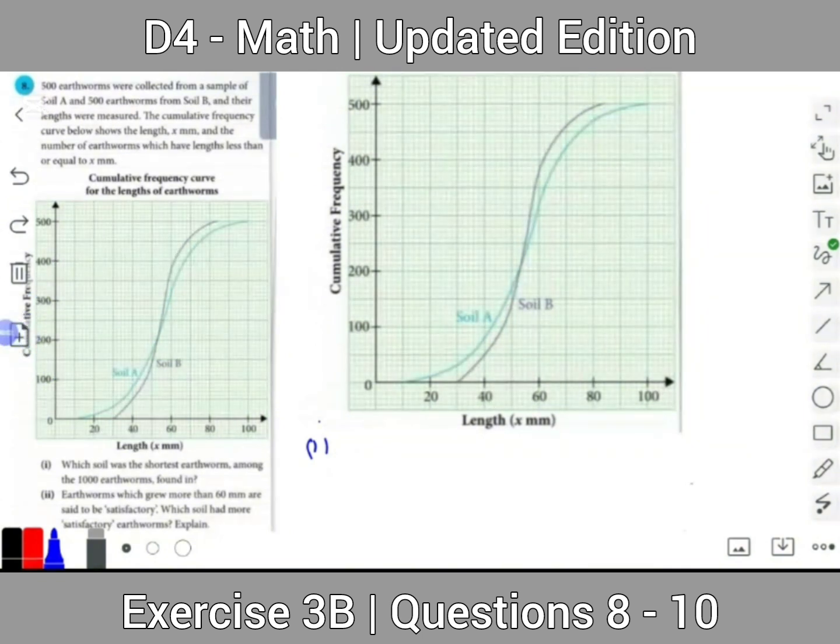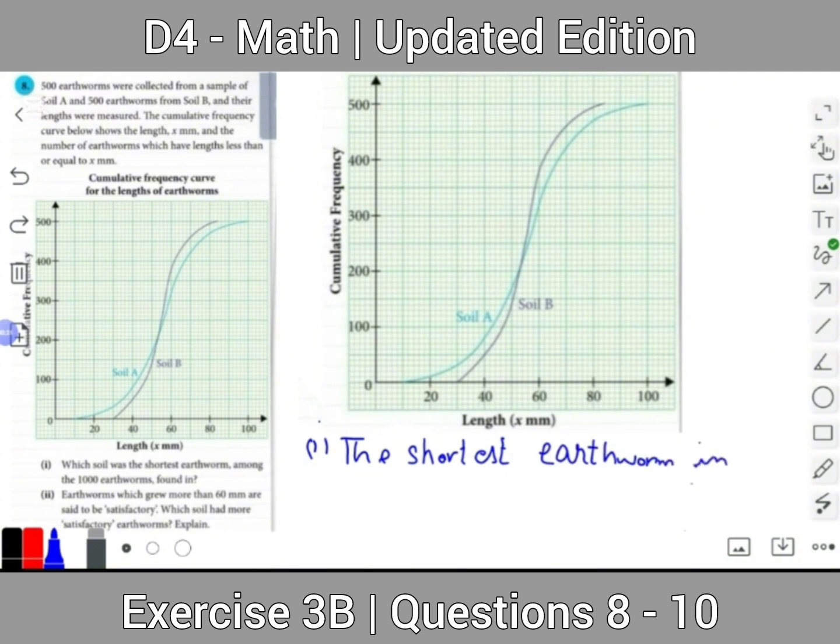Now we will observe the graph to find the shortest earthworm length for soil A. So the shortest earthworm in soil A is approximately equal to, from the graph, since we know the scale along the x-axis, the first point is 0, second is 2, 4, 6, 8, so here we have 10.